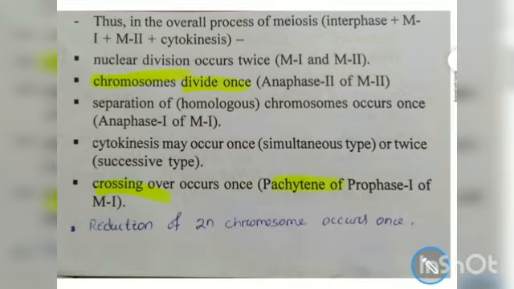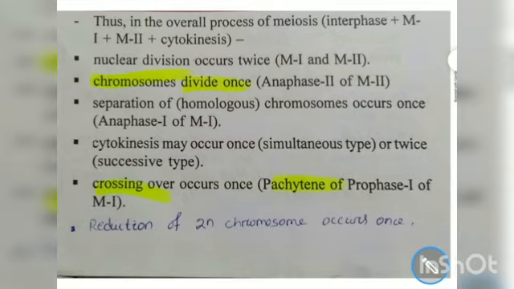It is a very important point. Remember, when the crossing over occurs at the pachytene of prophase 1 of meiosis I, that causes the formation of recombinant chromatids or exchange of characters. Exchange of chromatid means exchange of DNA.